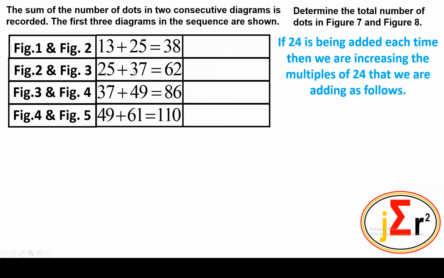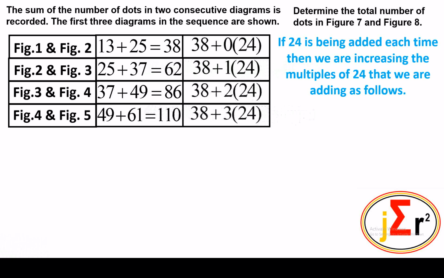So we can establish a pattern and use that pattern in arriving at the sum for figure 7 and 8. 38 plus 0 times 24, that's 38. 38 plus 1 times 24, that's 62. And 38 plus 2 times 24 is 86. 38 plus 3 times 24, that's 111.